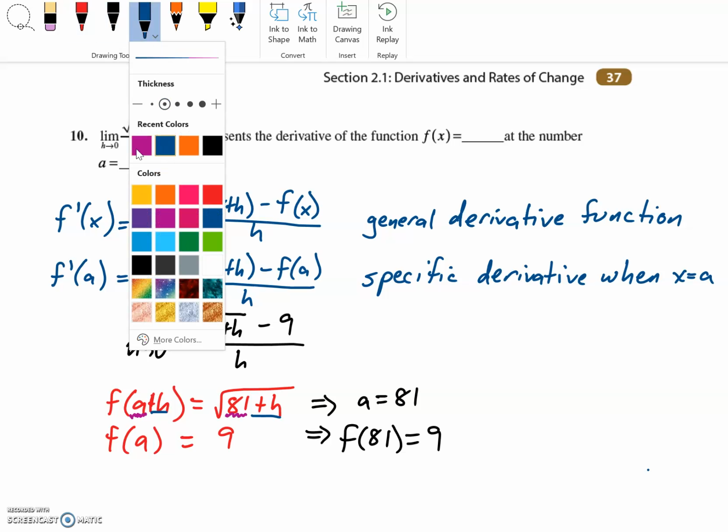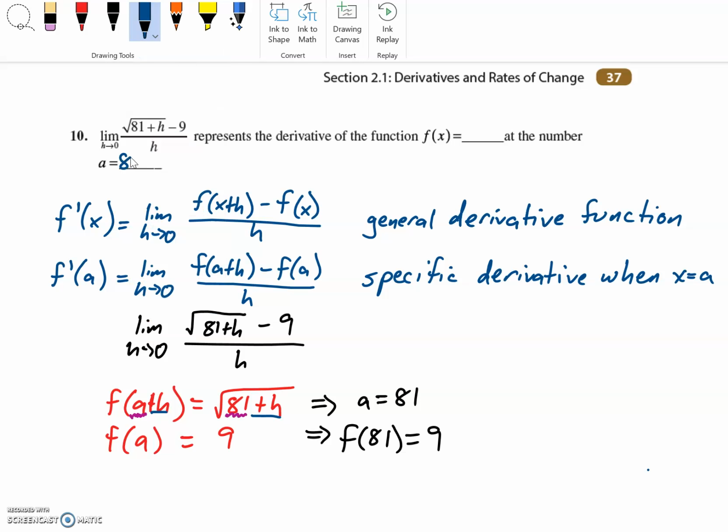Let me go back over here. And so we just had to figure out, what function is f of x? If we say to ourselves, f of a plus h, well, a is 81, so f of 81 plus h was the square root of 81 plus h.